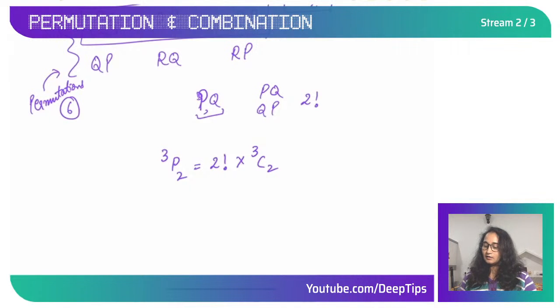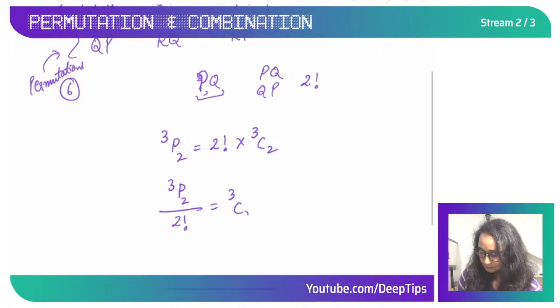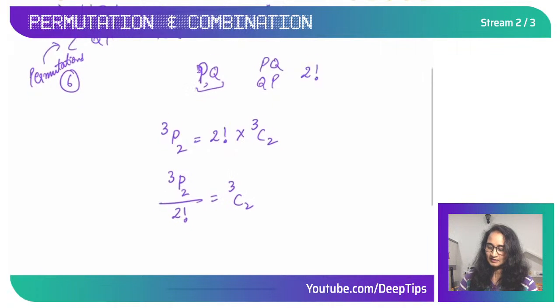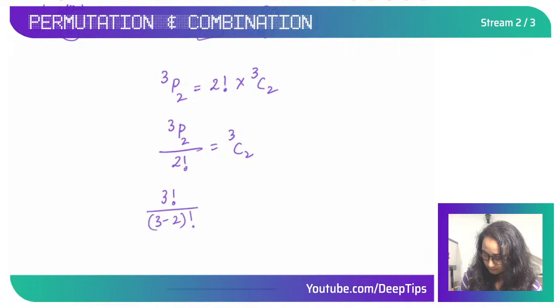Can you just pay attention to what I have written? Actually, I can generate my general result from here. Now look, if I divide my 3P2 by 2 factorial, I get 3C2, right? How do we solve permutations, as we have done earlier? 3 factorial upon (3 minus 2) factorial into 2 factorial.